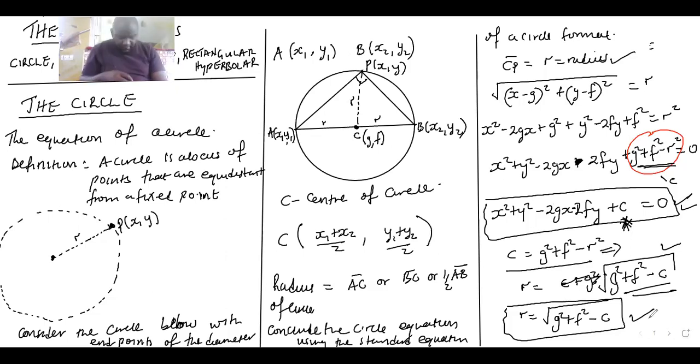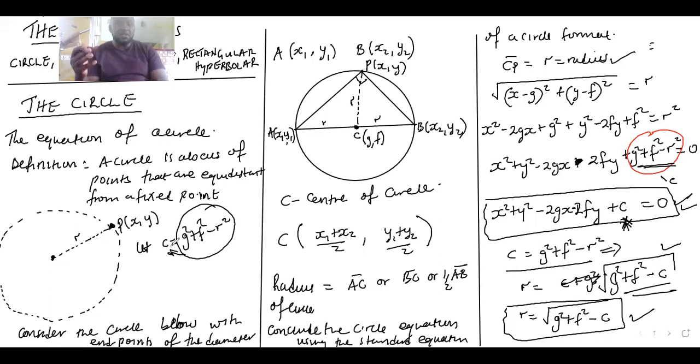How is g squared plus f squared minus r squared c? How is it c? It is let in the standard equation. We let small c be equal to that term because it is a term of only constants. There are no variables of x and y. So we assume the whole of this is a constant c. Are you getting my interpretation?